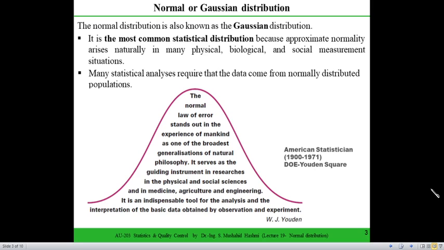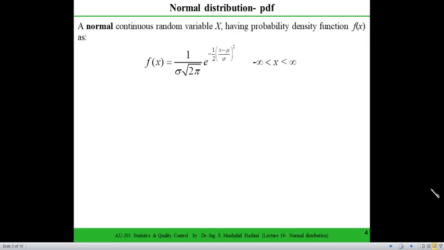It is an indispensable tool for the analysis and the interpretation of the basic data obtained by observation and experiment. So this quote of Uden covers the importance of this distribution and this bell-shaped curve, which represents the normal behavior. Whenever any distribution follows this curve, we consider that population to be a normal population.